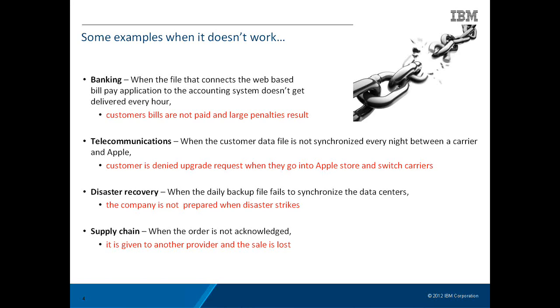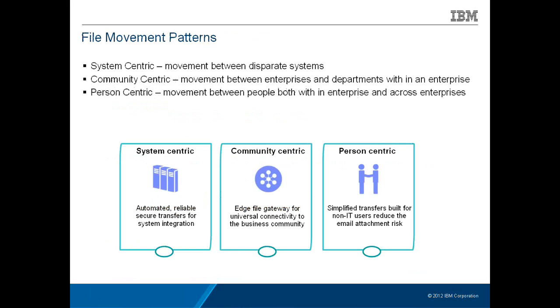We have seen in the industry, especially in banking and financial services, that managing these data transfers has become of prime importance for IT as well as business. And then comes the security and governance part of it, where they need to monitor all these aspects of data and files that are being exchanged with partners and external parties. Typical file movements that we have seen in the industry can be categorized into 3 patterns.